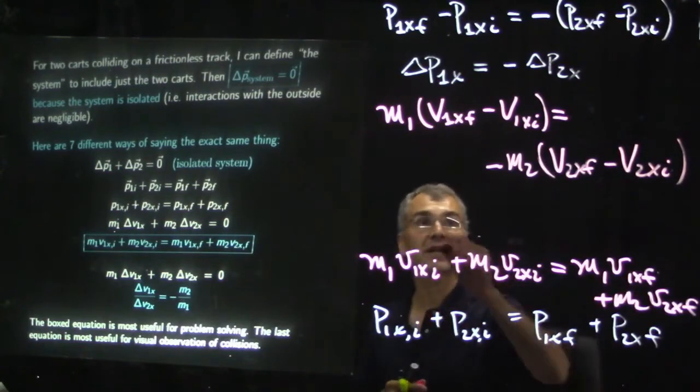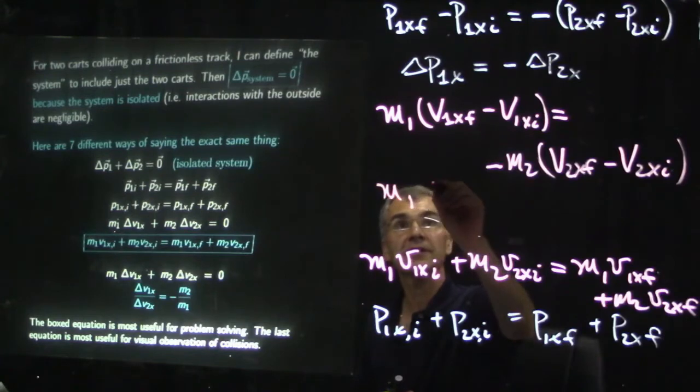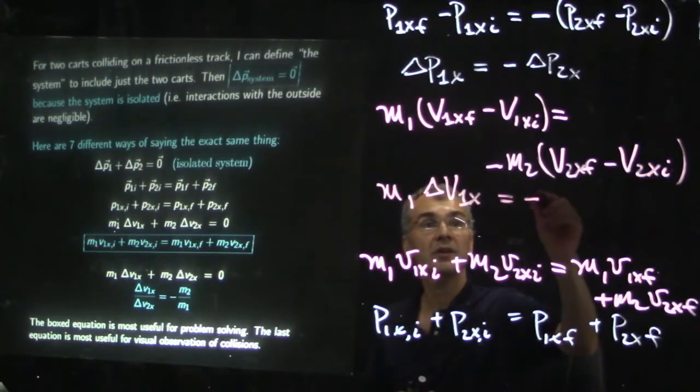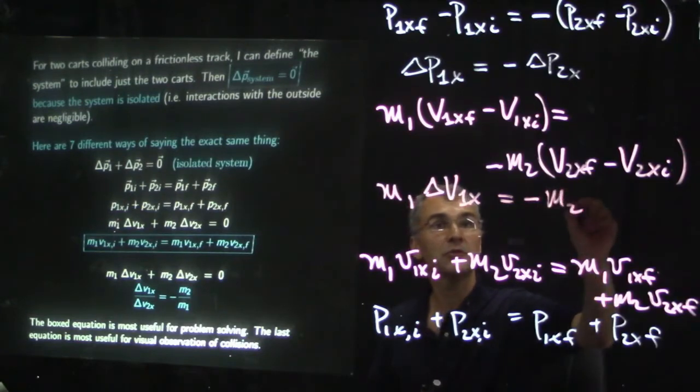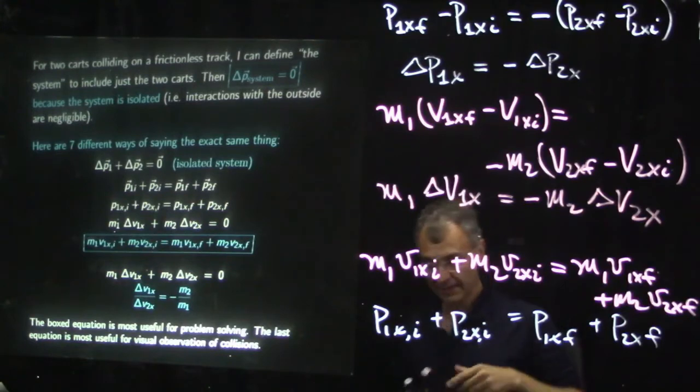And another way to write that is that m1 times delta v1x is opposite of m2 times delta v2x.